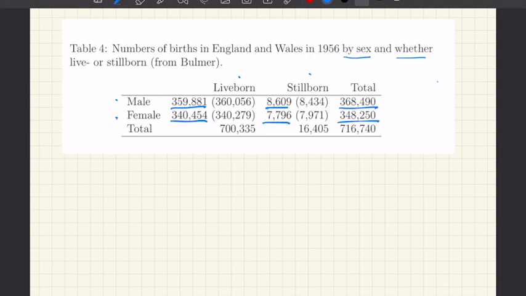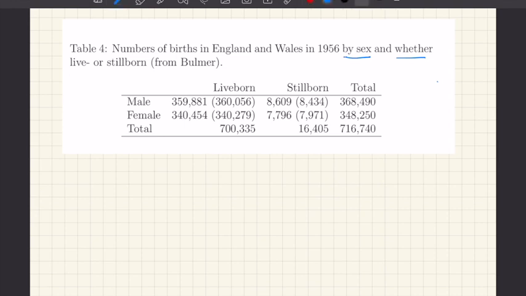The total of live borns is this, and stillborns is this. Now, here we are interested in whether live born and stillborn are independent of the sex. So how can we check this?